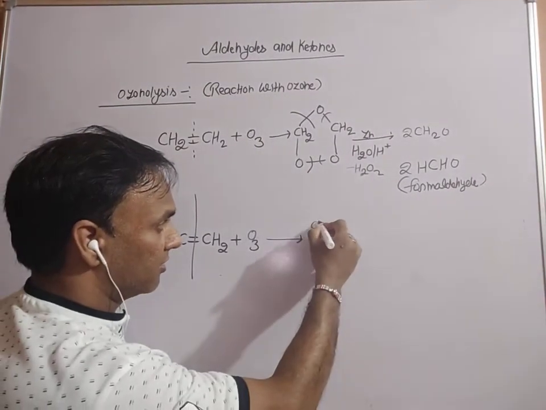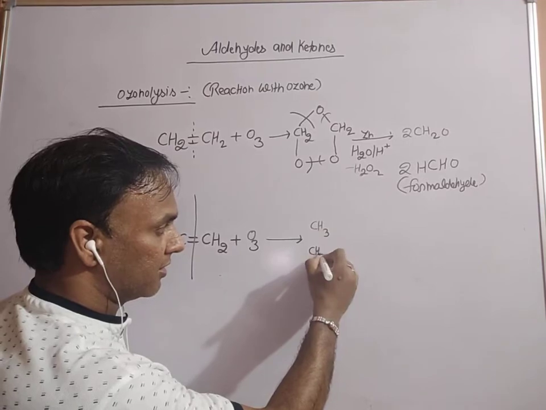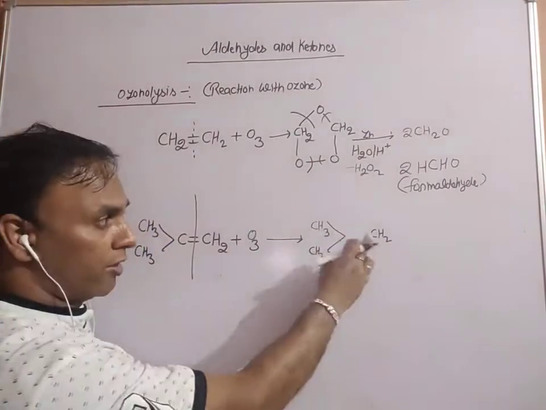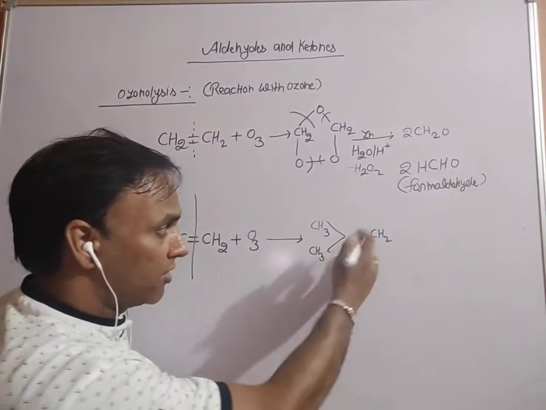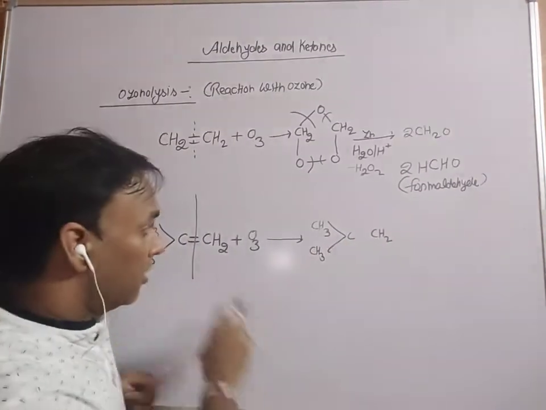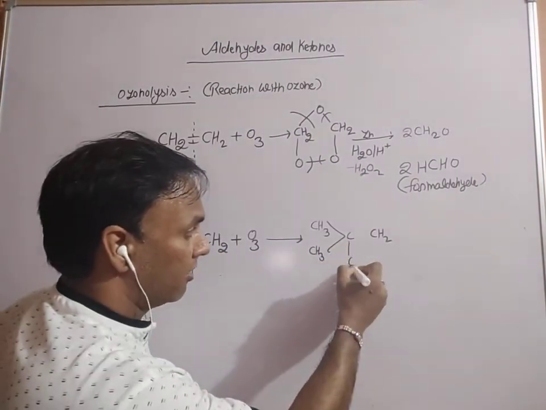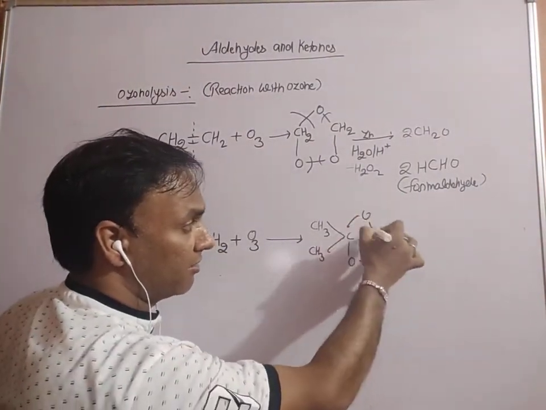Clear? That means CH3, CH3, C and CH2, the double bond decomposes, and across the double bond, the oxygen atoms of ozone are attached in a cyclic manner.